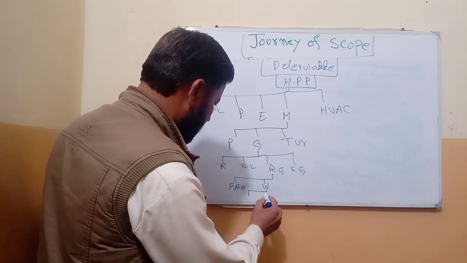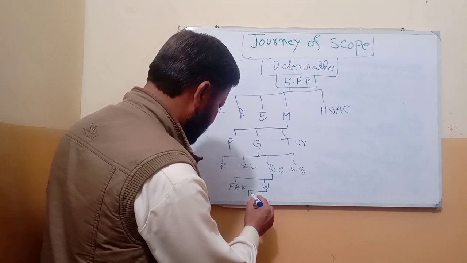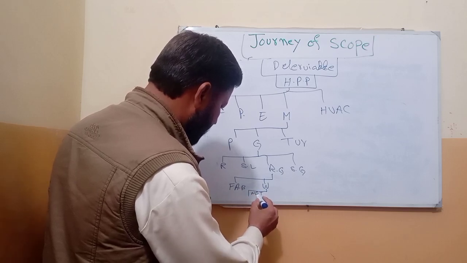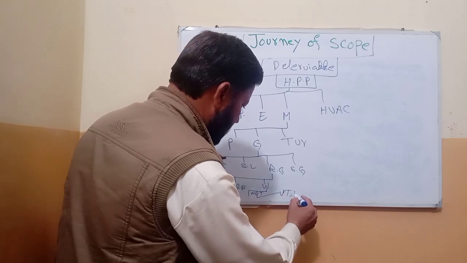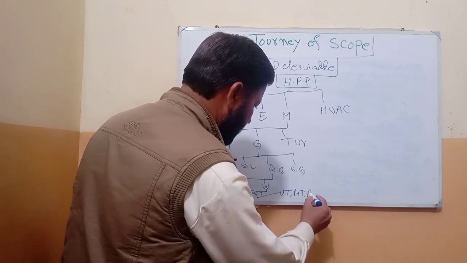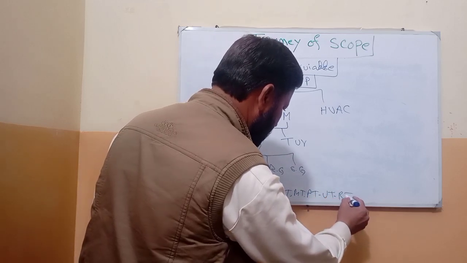In welding we will do inspection, NDT will come here, then divide NDT further into VT, MT, PT, UT, RT, like that.